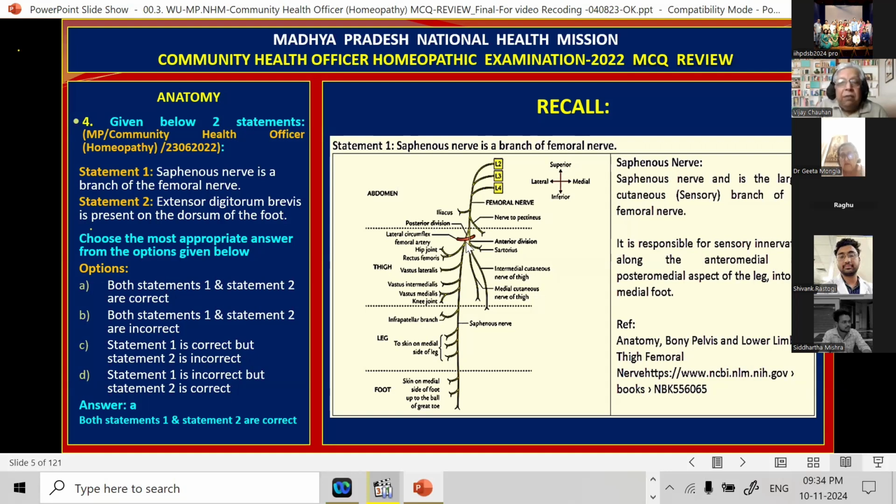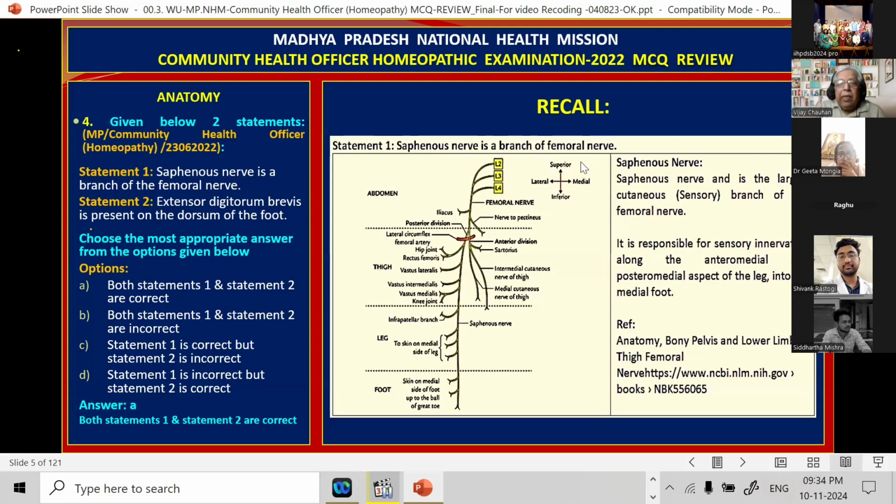Then the posterior division goes into the popliteal fossa near the infrapatellar branch, and then we have the saphenous nerve. In the popliteal fossa there are certain branches which supply the skin of the medial side of the leg, and the largest branch is the saphenous nerve. So this statement is true.